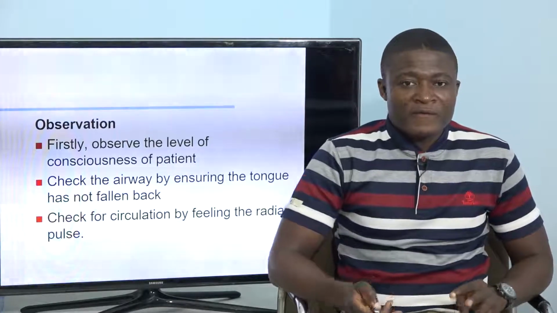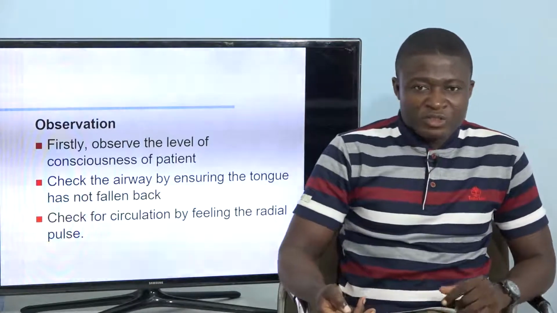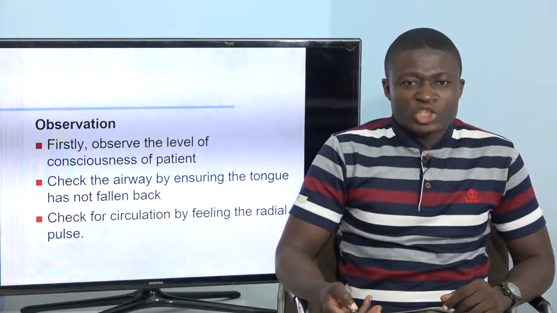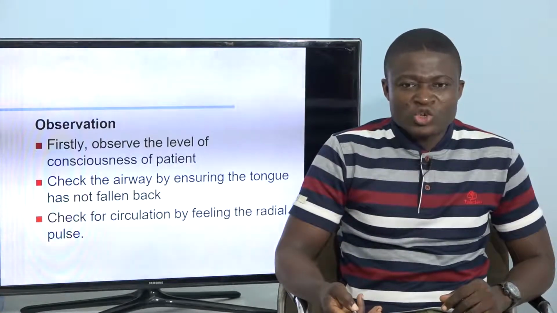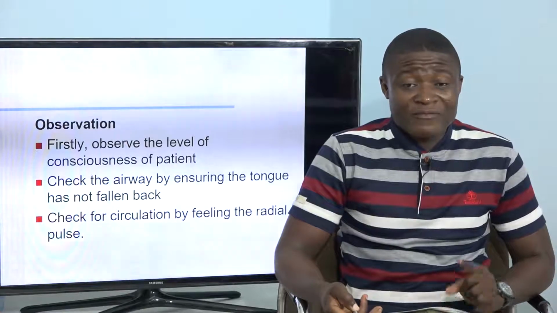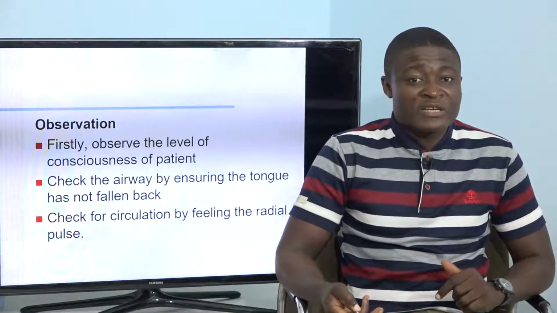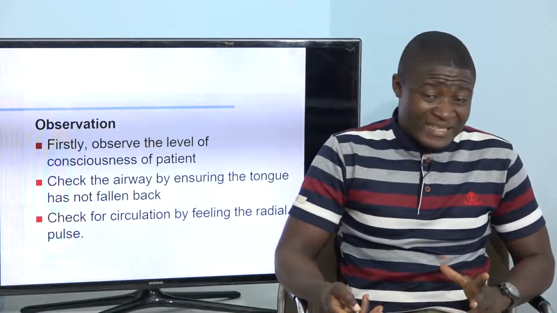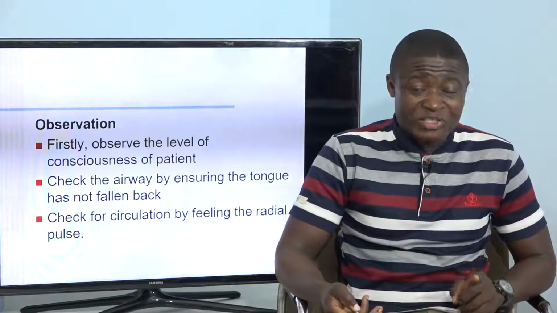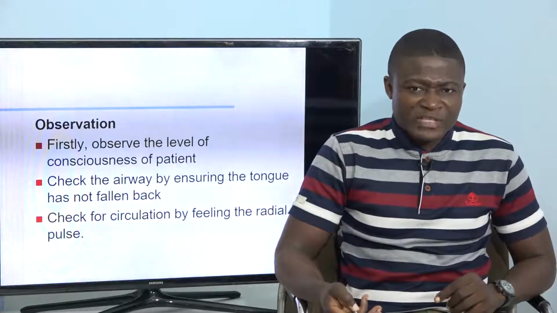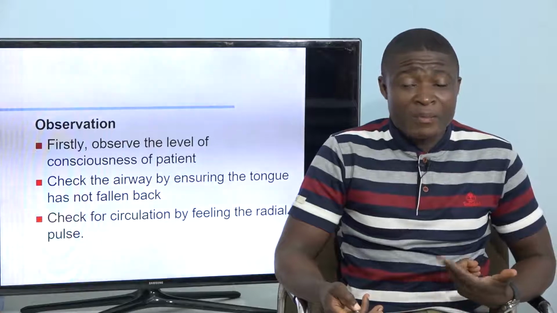Observation. Firstly, you need to observe the level of consciousness of the patient. Check the airway by ensuring that the tongue has not fallen back. Very important. So whilst you receive the client into the bed, these are the things you need to assess. Check for circulation by feeling the radial pulse.